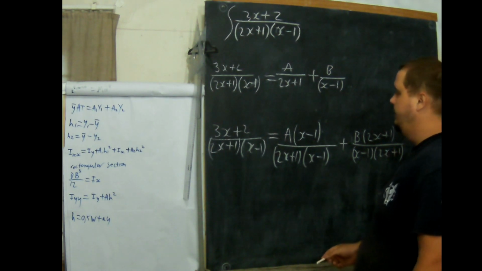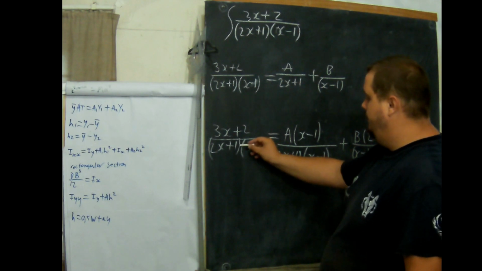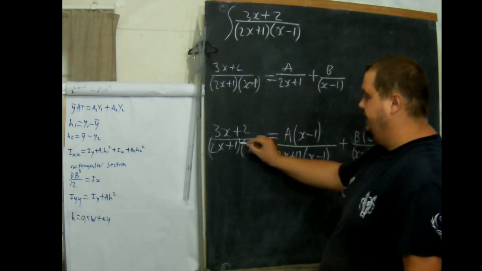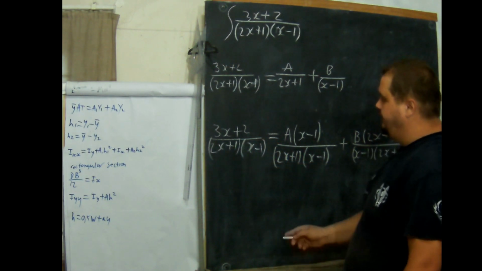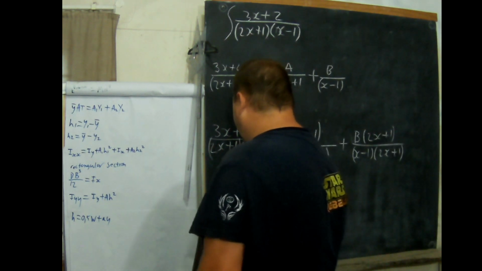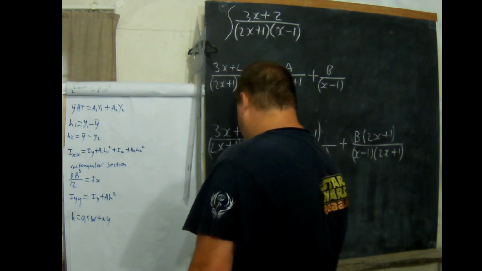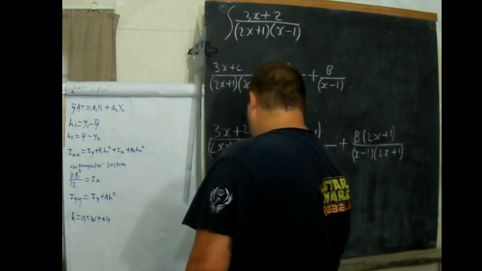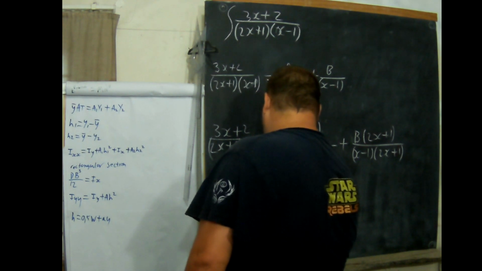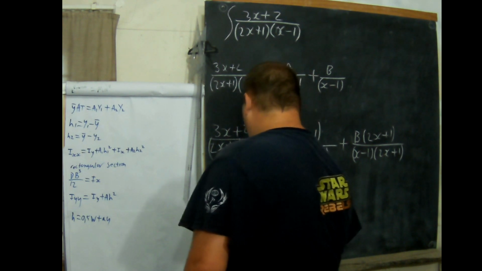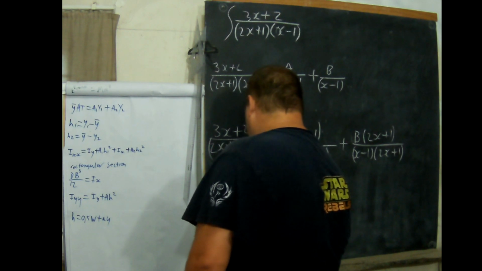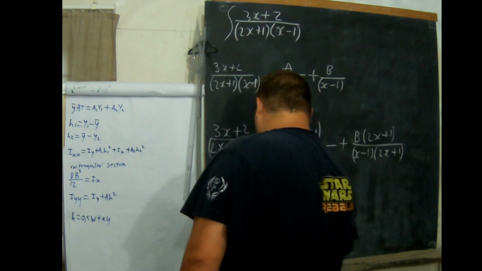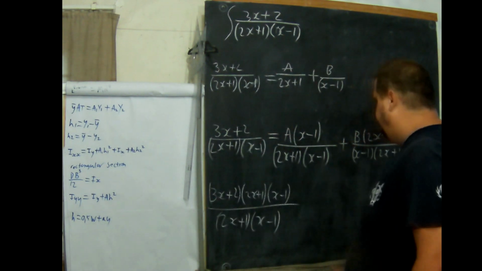Now this will be multiplied by these two here to get rid of the base, so it'll be (3x + 2) times (2x + 1)(x - 1) over (2x + 1)(x - 1).